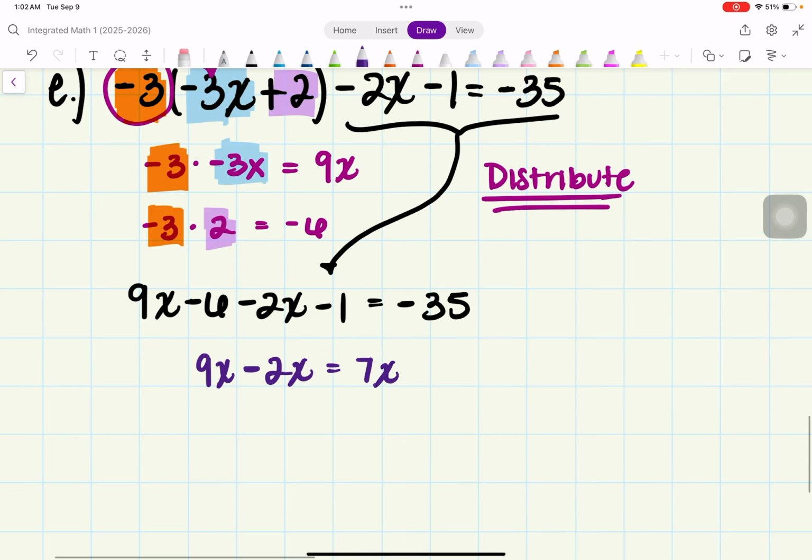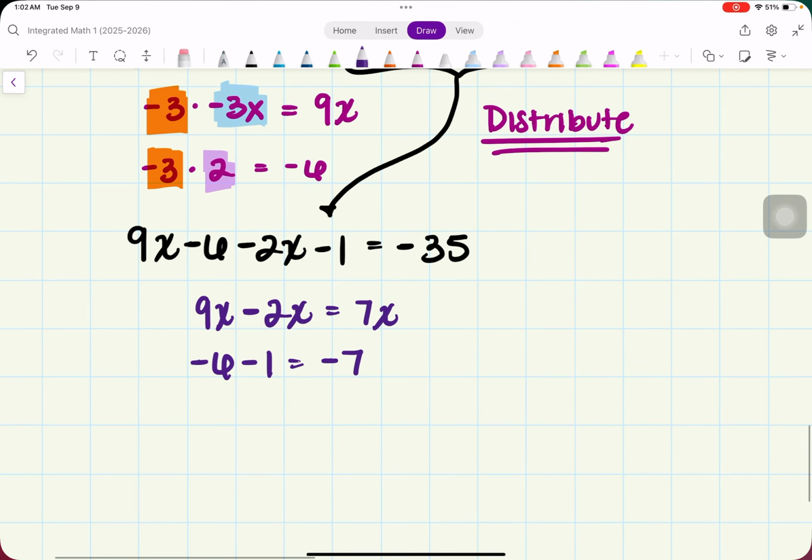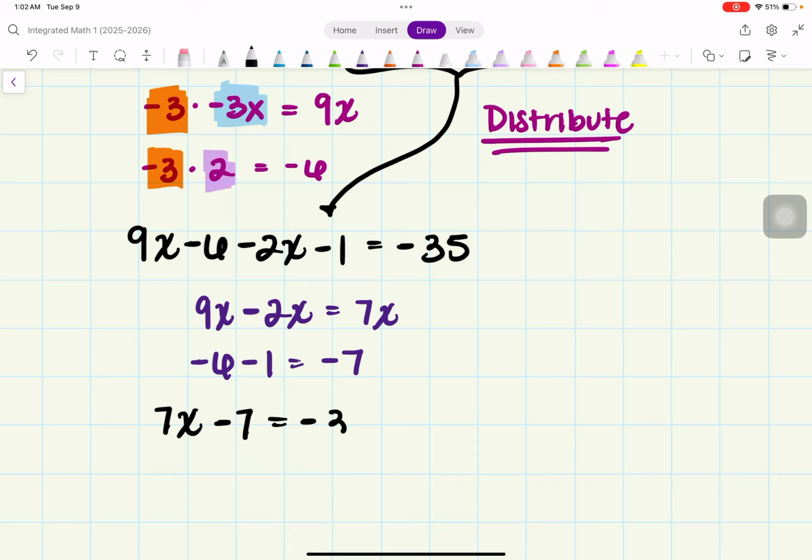And also the constants, which is negative 6 minus a 1, which gives us a negative 7. So I'm going to rewrite the equation as a 7x minus a 7 is equal to negative 35. So step number 2 was to combine like terms.